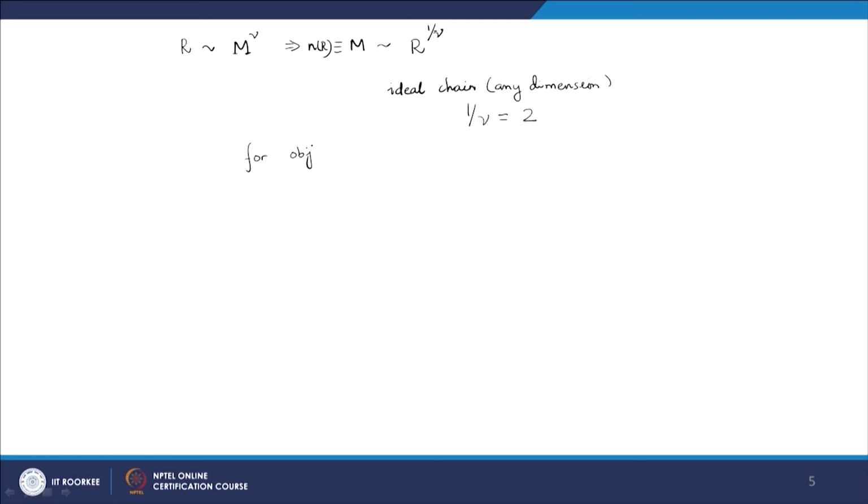What we can then say is that objects that do not have n of r going like r to the power d, with the dimension that we are working in, are called fractals, and in general they follow some other scaling that we can call the fractal dimension.